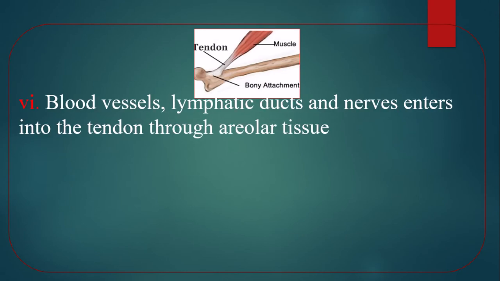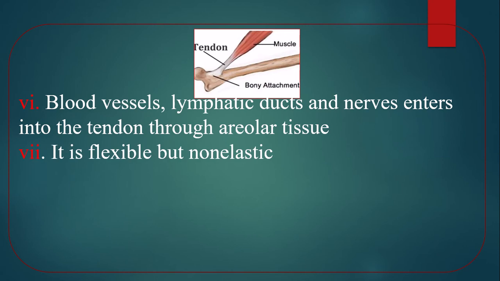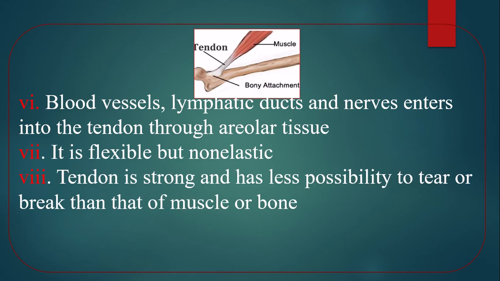Blood vessels, lymphatic duct and nerves enter into the tendon through areolar tissue. It is flexible but non-elastic. Tendon is strong and has less possibility to tear or break than muscle or bone.